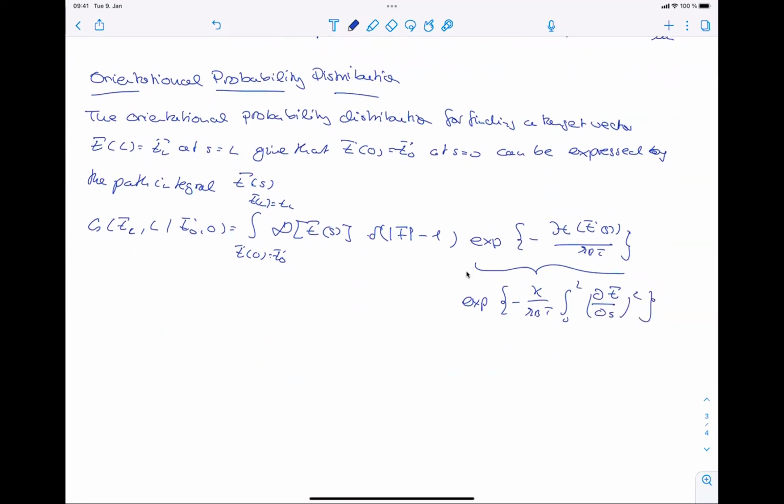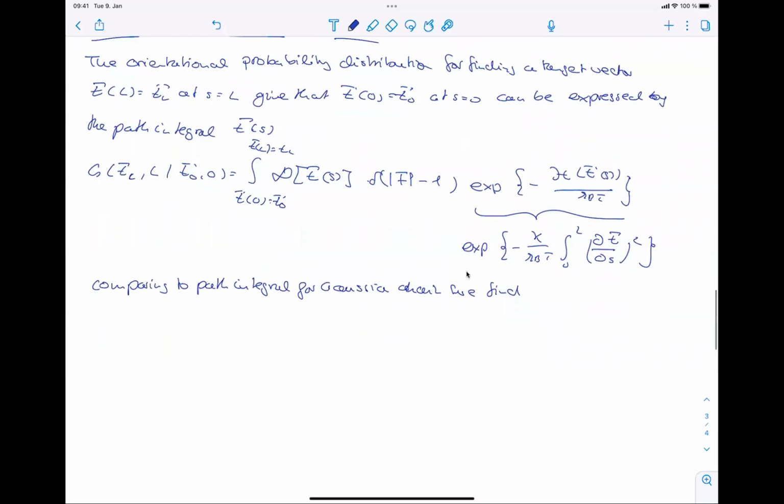And comparing this to the path integral for the Gaussian chain, we realize we are back to solving diffusion equations.